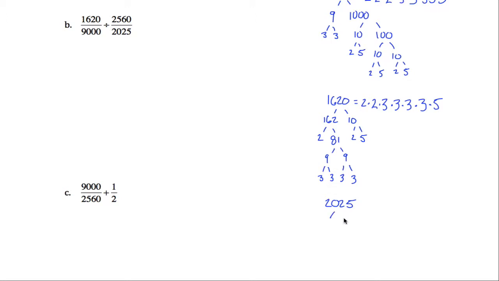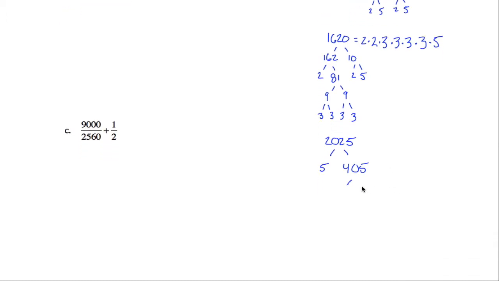Well, it ends in a 5, so it's 5 times something. Maybe with the help of a calculator to do this on the spot now, I think that's 405. 5 times 400 would be 2,000. And then 5 times 5 is 25, so we get 2,025. 405 also ends in a 5, so it's divisible by 5.